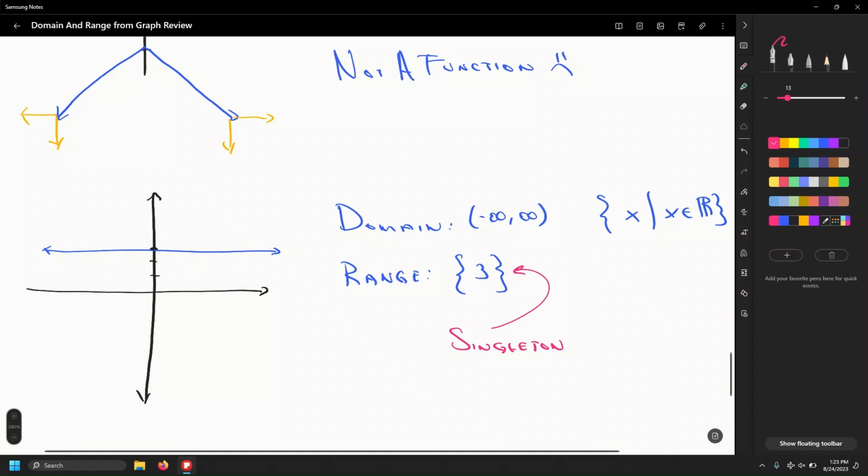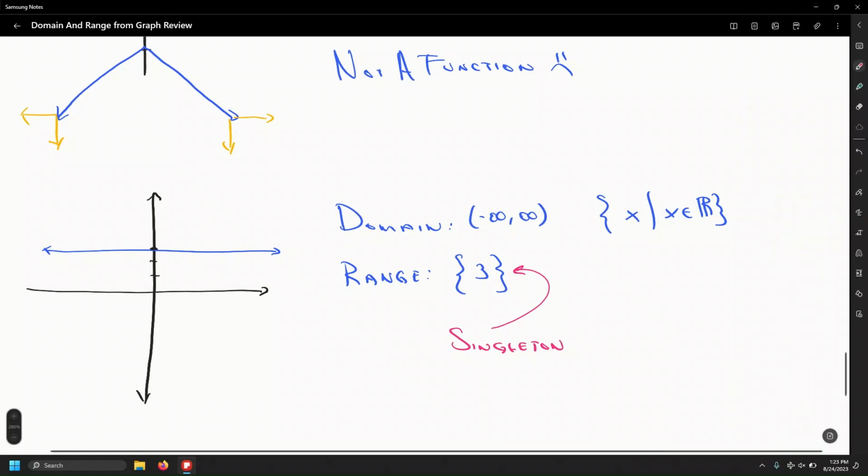There's no zero anywhere. No, there's no zero in this case. Good question. It's not going from 0 to 3, for example, or from negative 4 to 5. No, it's just 3, because the y value for this horizontal line is always 3 regardless of your value of x. For x equals 1, what's the y value? 3. For x equals 7, the y value is also 3. For your favorite value of x, you will get y equals 3.